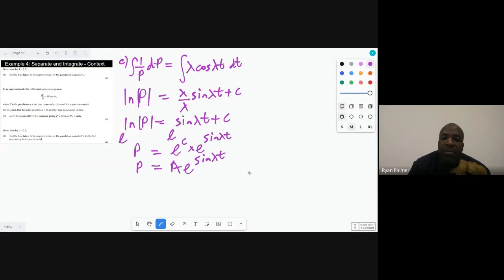We're going to solve for A using the fact that the initial population is P naught when T is equal to 0. So when T equals 0, P is equal to P naught. So we substitute that into the equation that we have.